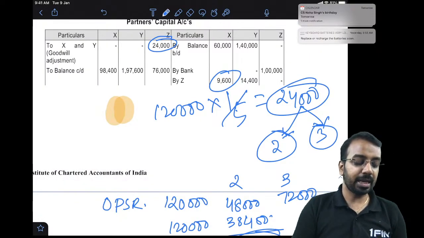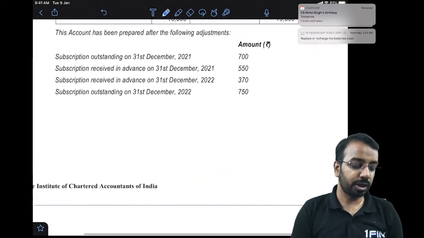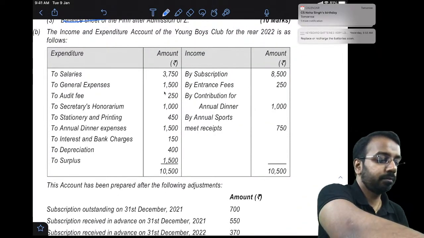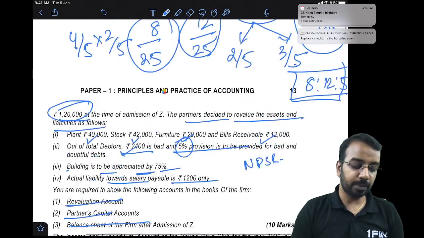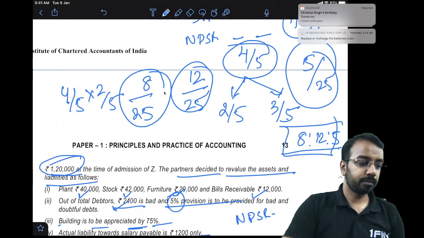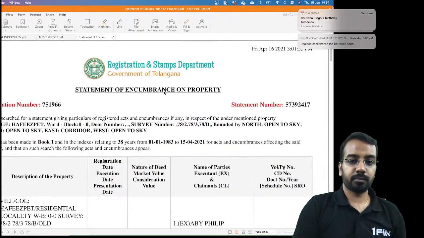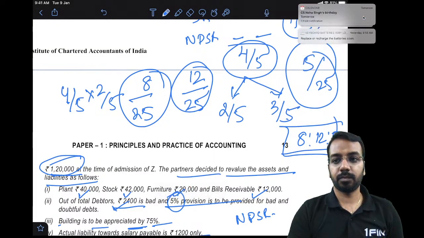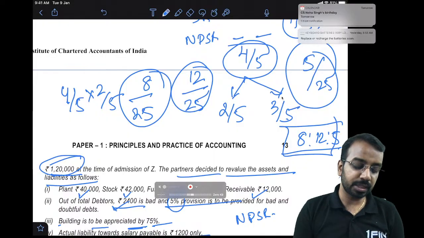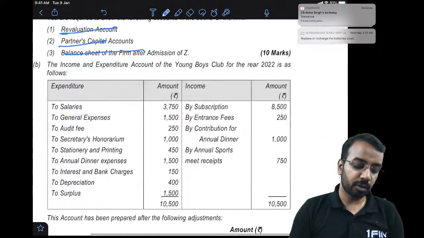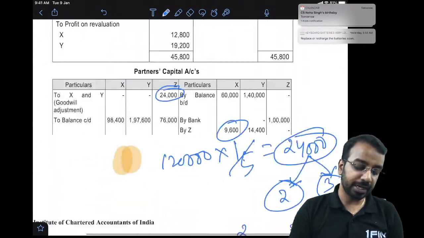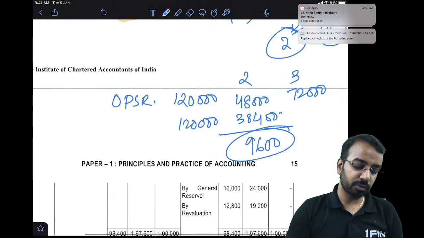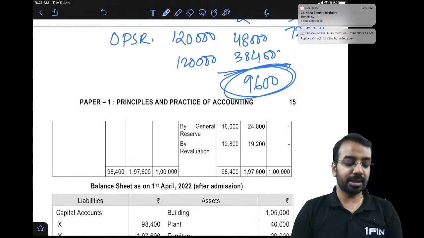Now here I did this unnecessarily; sometimes in a flow it happens. This was not required. Without doing that also, I could have directly credited in the ratio of 2:3, 9,600 and 14,400. Even if you do this, you will get the same thing.